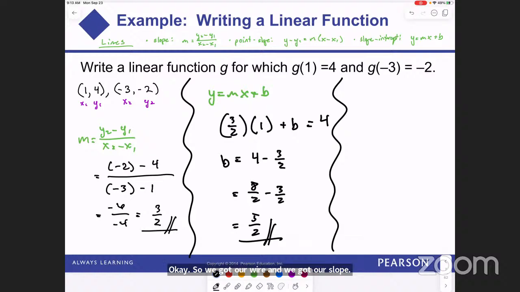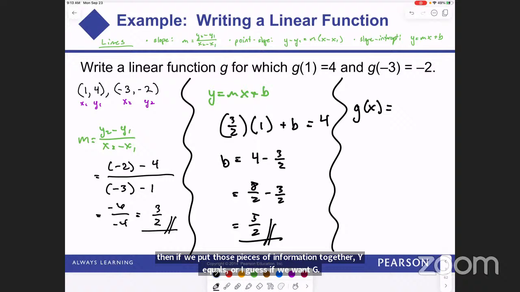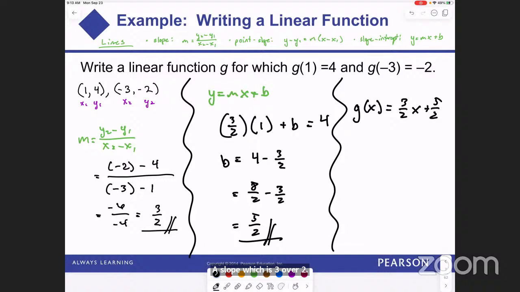So then if we put those pieces of information together, our y equals, or I guess if we want g, we're going to say g of x equals our slope, which is 3 over 2, x plus 5 over 2. Okay. So this was the final result that we got.